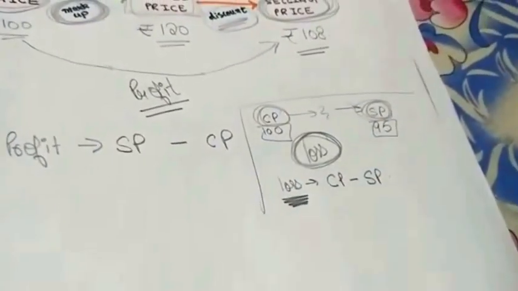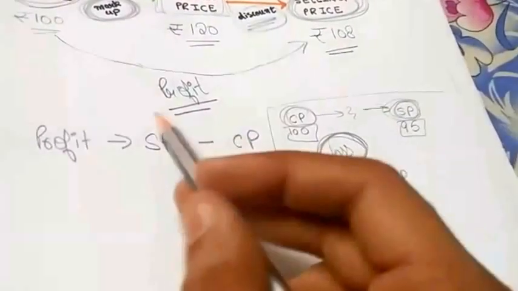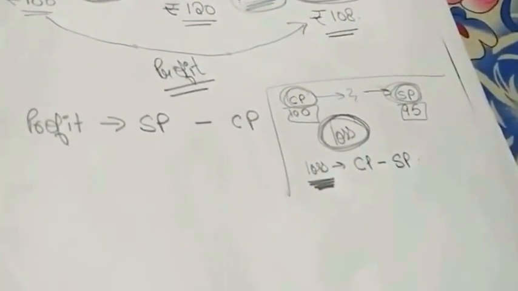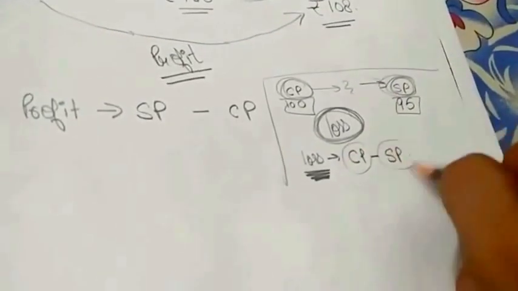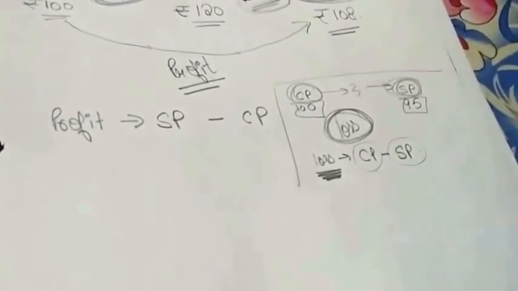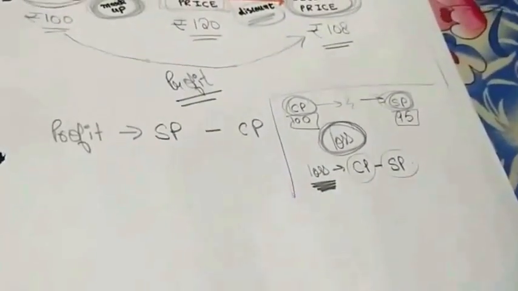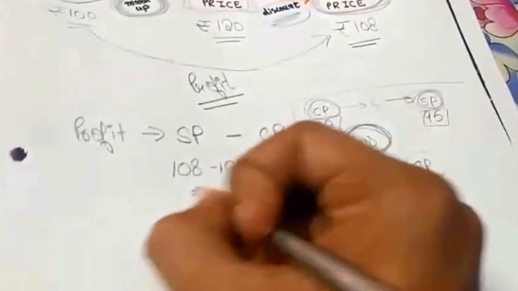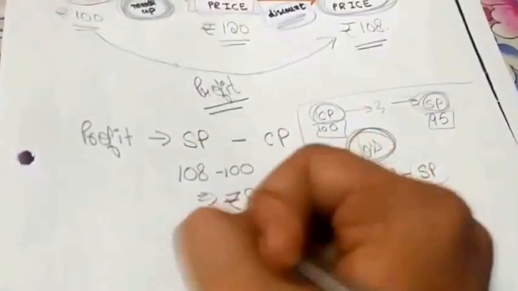So now you're clear that you say SP minus CP when there's a profit, and when there's a loss, you say cost price minus selling price. Basically, you need a positive term, right? So the profit that you can now calculate, SP minus CP, is 108 minus 100, that is 8 rupees.